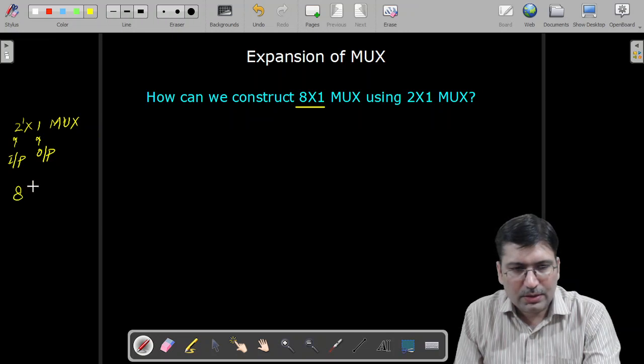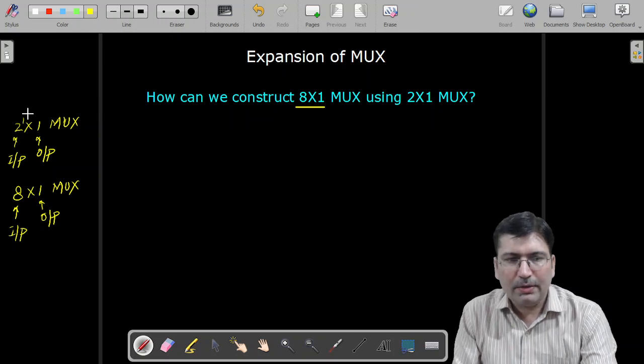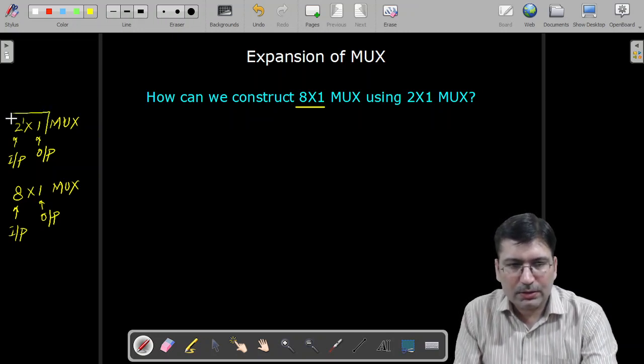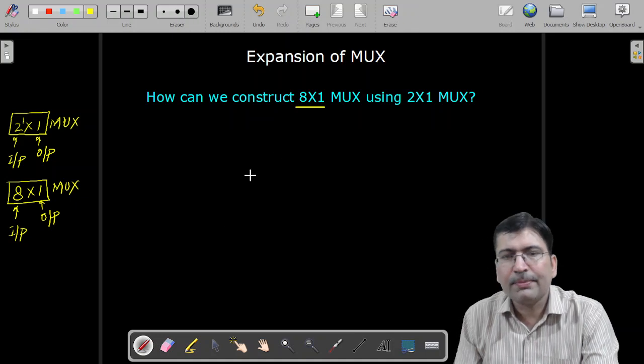We are trying to construct an 8x1 MUX. In this, we need to handle 8 inputs and obviously only one output finally. We only have 2x1 MUX, and we need to construct this type of MUX, 8x1. So this is the question.